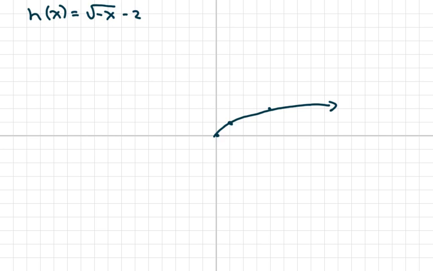Now what we're going to do is reflect this about the y-axis. So if I reflect this over the y-axis, you're just going to change it over to this side.